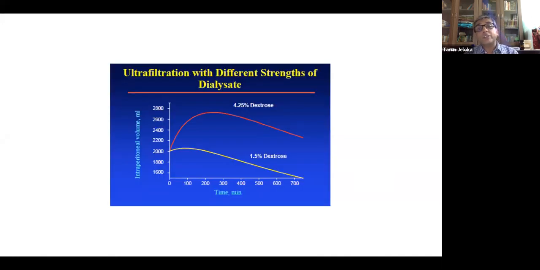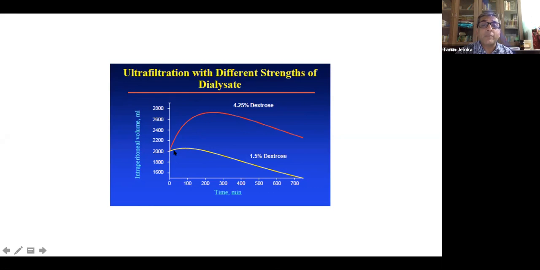So ultrafiltration, now if you see ultrafiltration where you use a lower osmotic agent like 1.5%, then what happens is the dextrose concentration is low, it rapidly gets absorbed into the system, and the osmotic gradient remains low and gets dissipated or equilibrated.